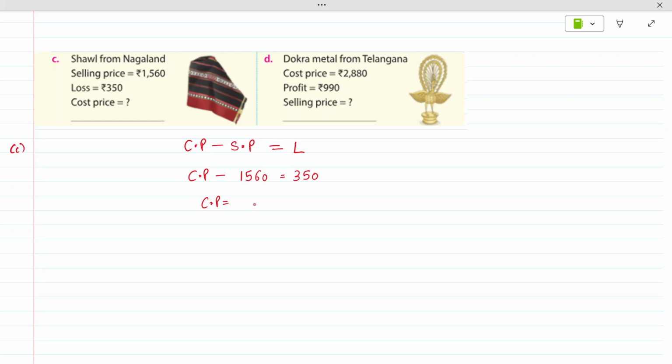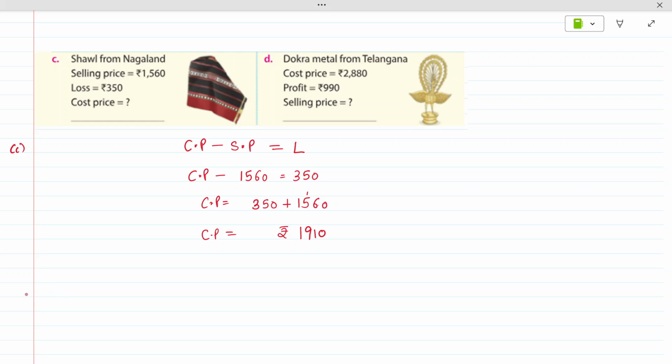This 350, this minus goes to the right hand side and becomes plus, so we will have to add them. And what we will get? 0 plus 0 is 0. 6 plus 5 is 11. 1 here, carry 1. 5 plus 1, 6 plus 3 is 9. And 1 as is. This is rupees 1910. This is the cost price.